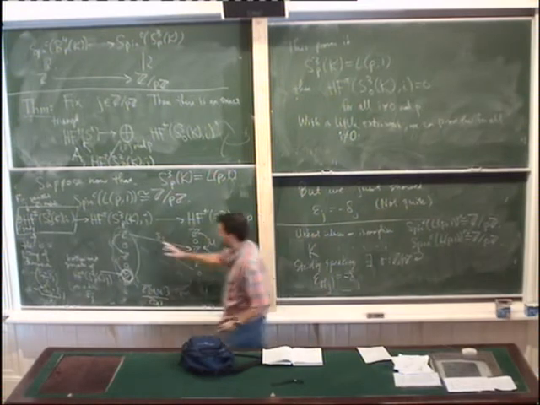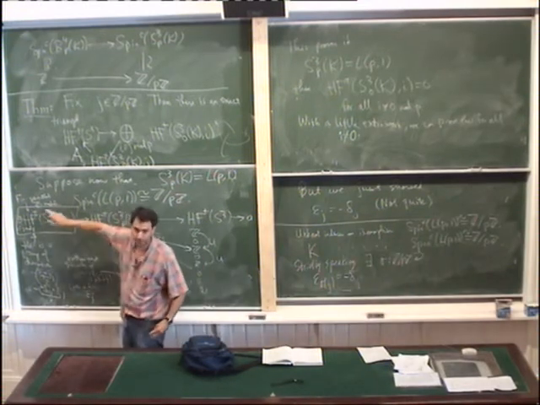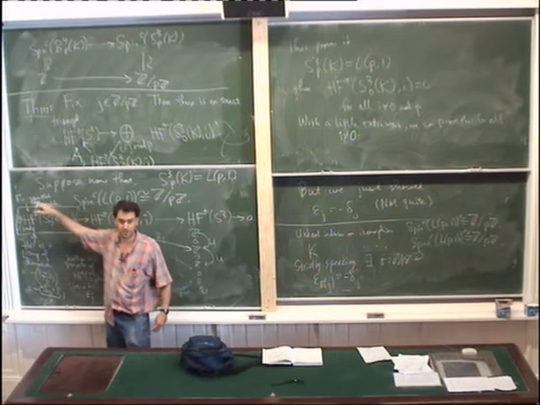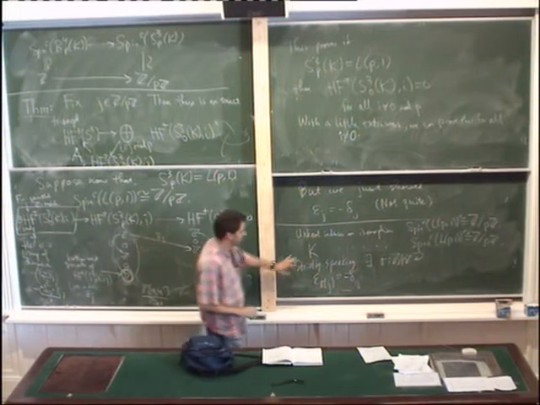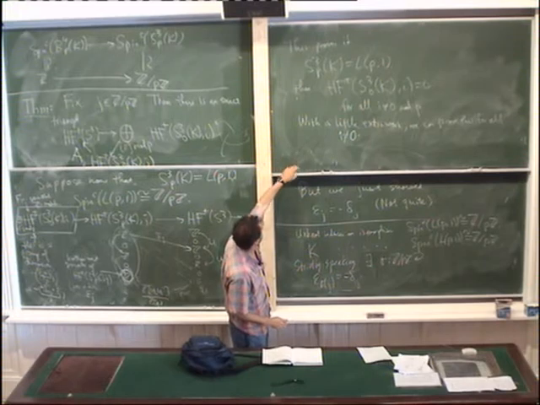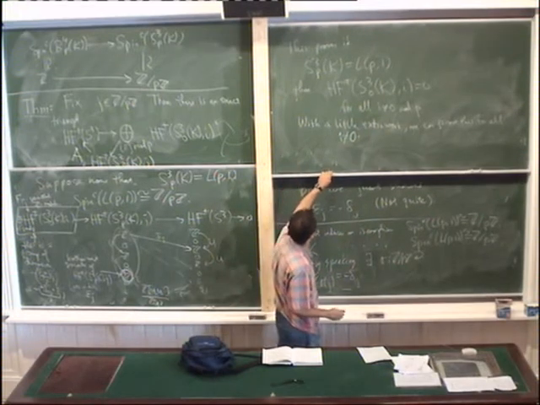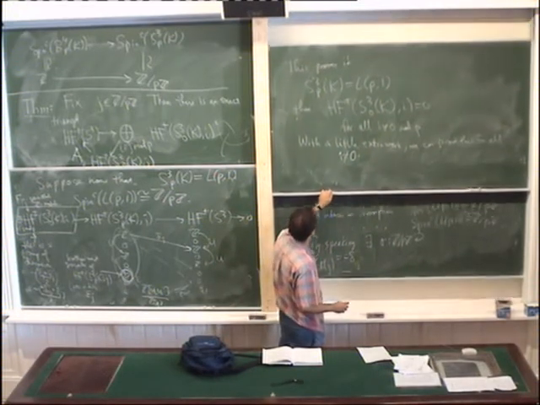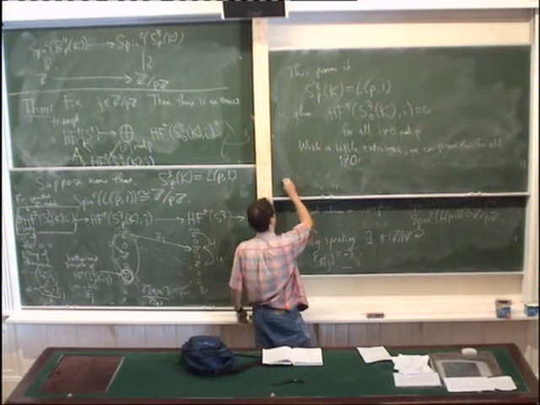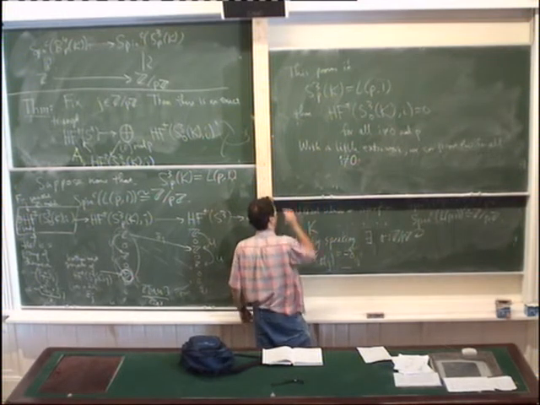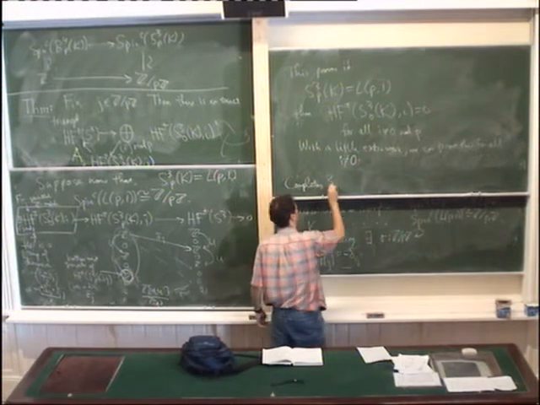But those happen in the trivial spin C structure, and there can be no other generators in any of the other spin C structures. So we've just shown that HF plus of S3 0 K I is equal to 0 for all I not equal to 0, and therefore that completes step 1.